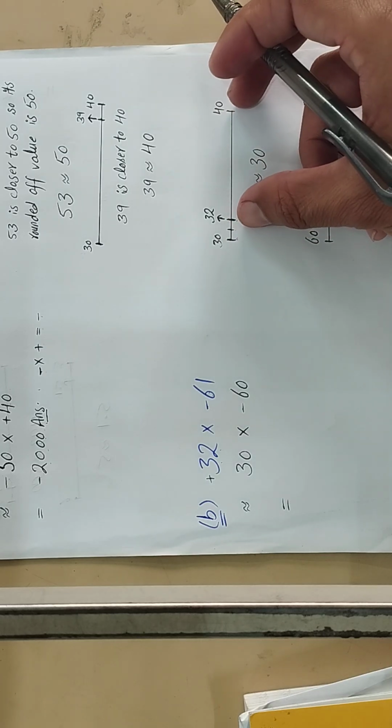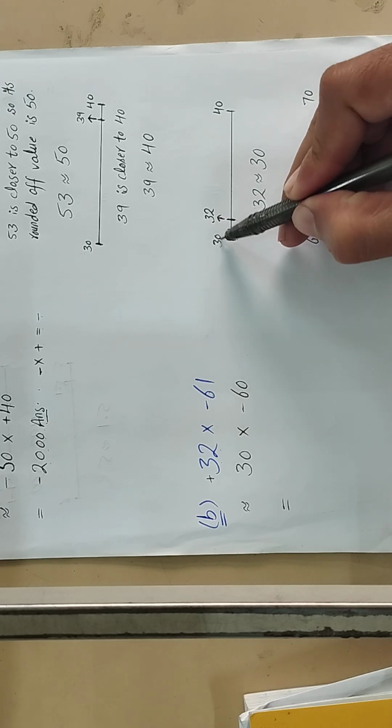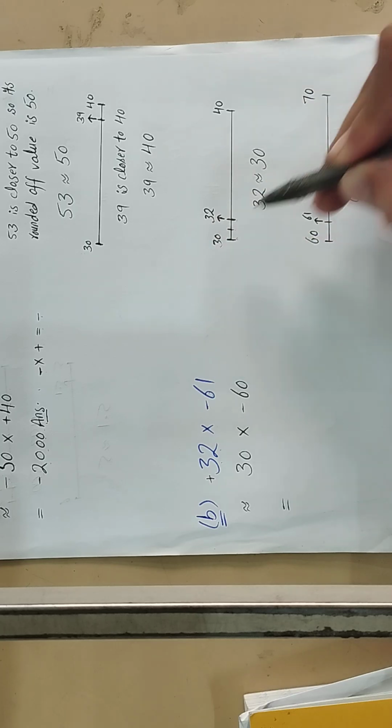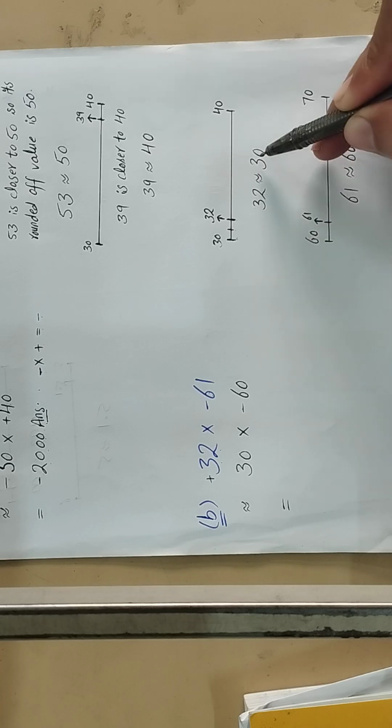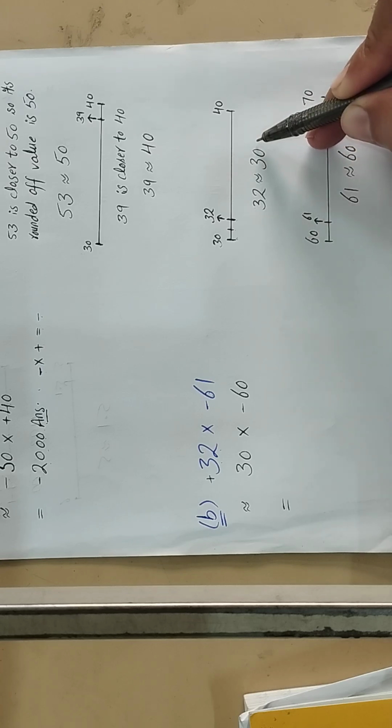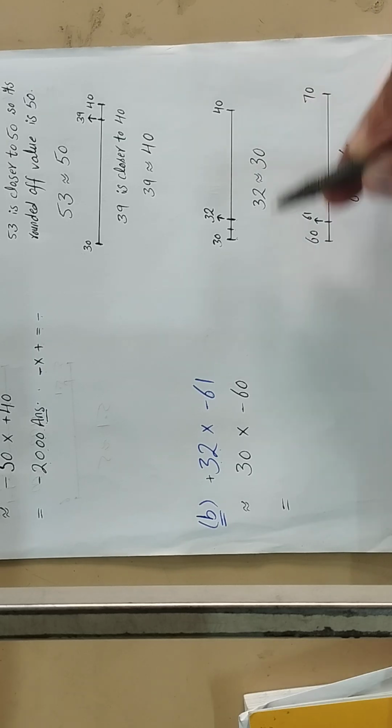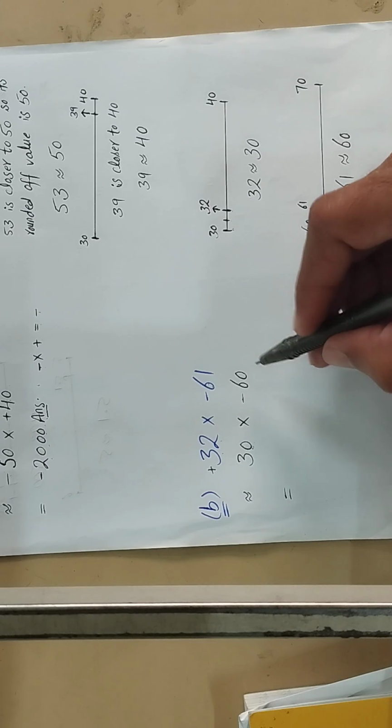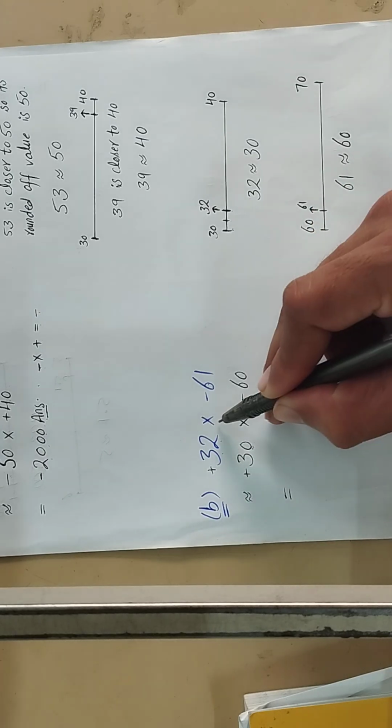So its rounded off value is 30. Write this rounded off value here, 30, and the plus sign here, multiply.